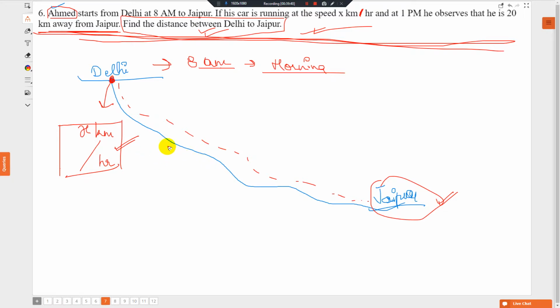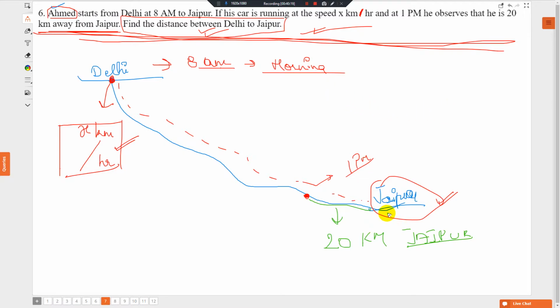After a few hours, he observes at 1 p.m. that he is 20 kilometers away from Jaipur.